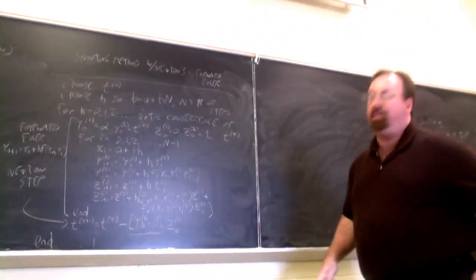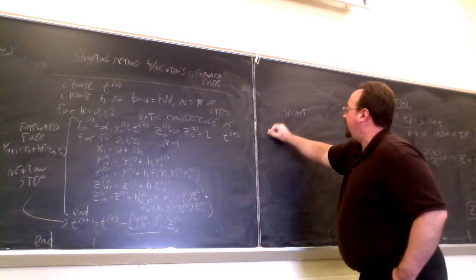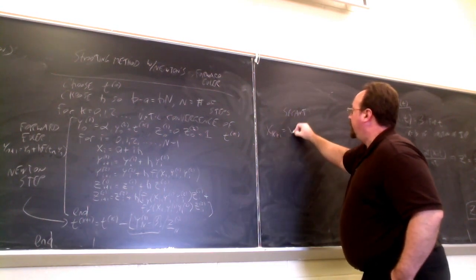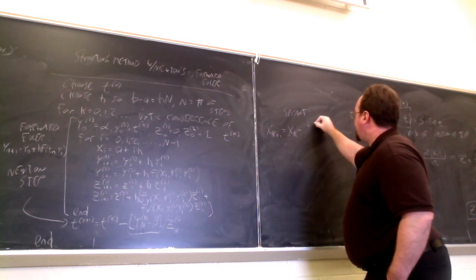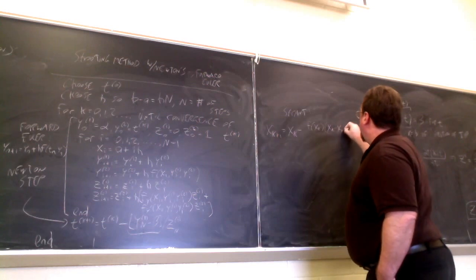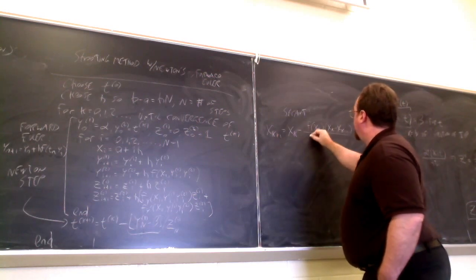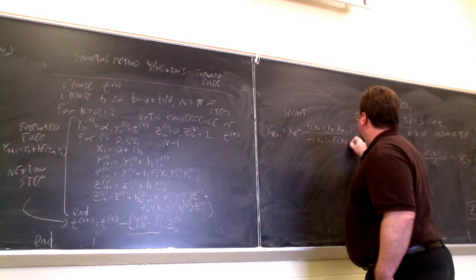So secant method, in general, is xk plus 1 equals xk minus f of xk times xk minus xk minus 1, over f of xk minus f of xk minus 1.